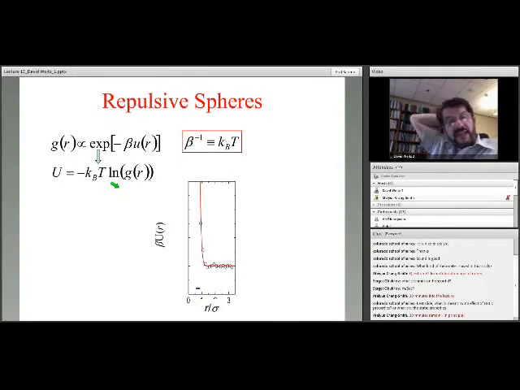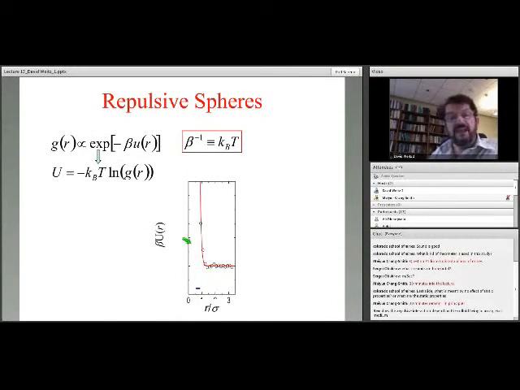And so here's just some data that show the repulsive interaction. This is 1 times the radius, and this is a relatively short range interaction, but not that short ranged.